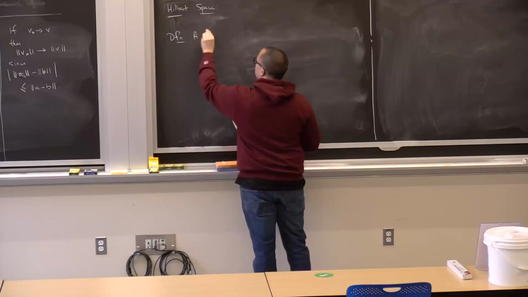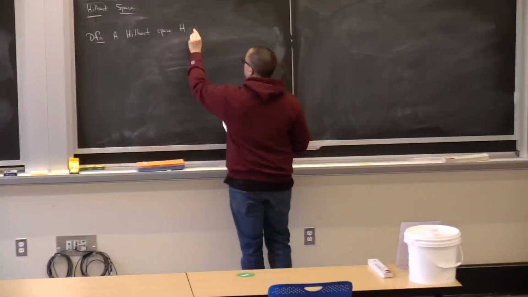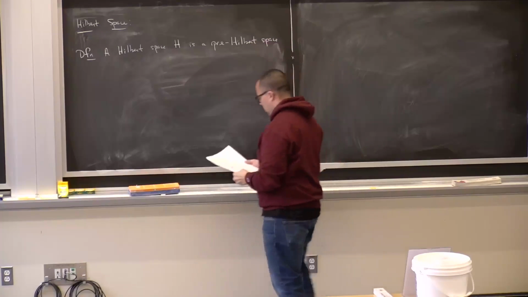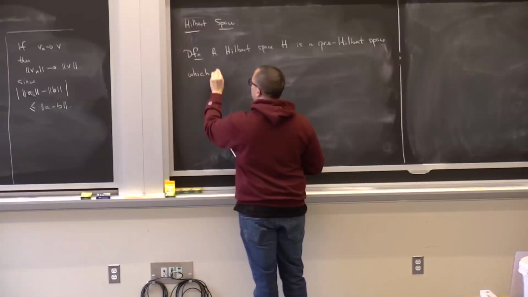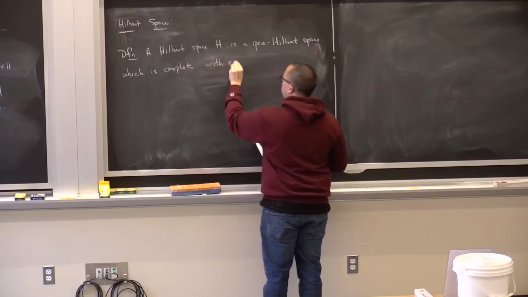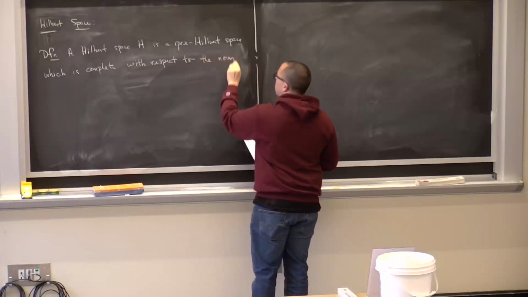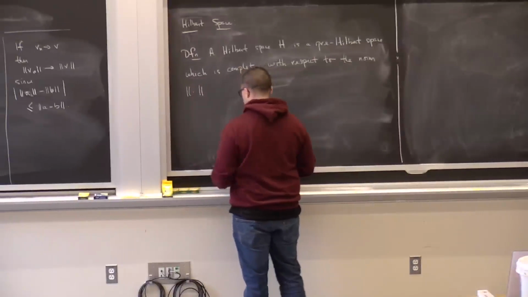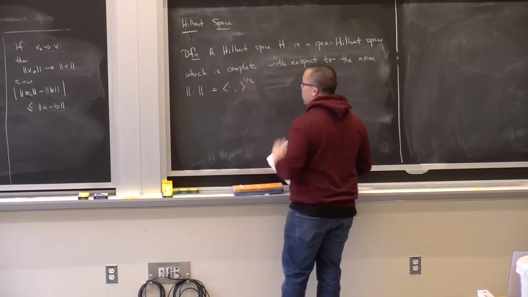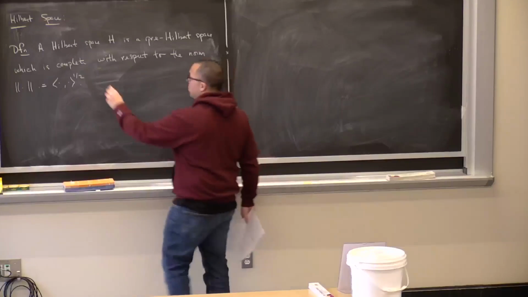So a Hilbert space H is a pre-Hilbert space which is complete with respect to this norm, which again, remember, was defined as follows: the norm of a vector is equal to the inner product of the vector with itself raised to the 1/2 power. All right, so this is the new terminology.